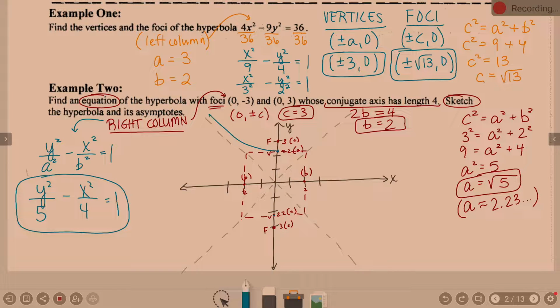Our hyperbola is going to go out, and it's going to curve alongside your asymptotes, and look something like that. Okay. Remember, my foci are points inside the hyperbola. So if you're given your foci, those foci should be present there. And you've created your first hyperbola.